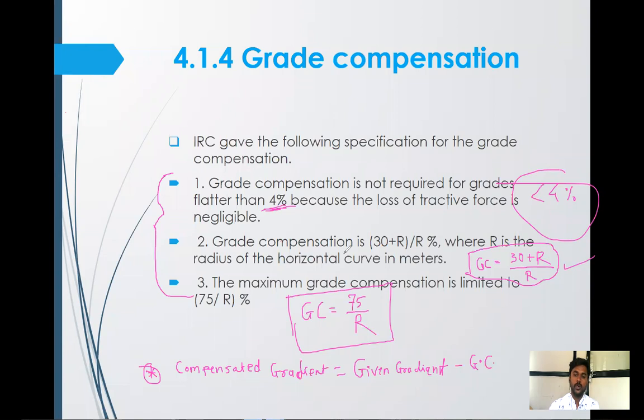GC means grade compensation. This is very important. Once an example was asked in MPSC on this condition, they have given the grade compensation as well as the given gradient, and they have asked for the compensated gradient. The compensated gradient is equal to given gradient minus grade compensation.